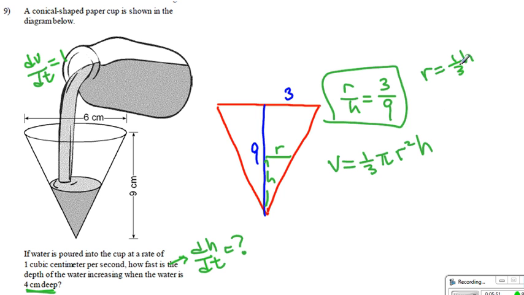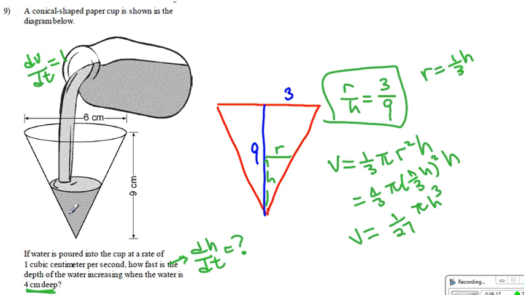So by putting this in this location, we get 1/3 times pi times (1/3 h) squared times h, and when I simplify this one, we get 1/27 pi h cubed. That's what V is equal to.